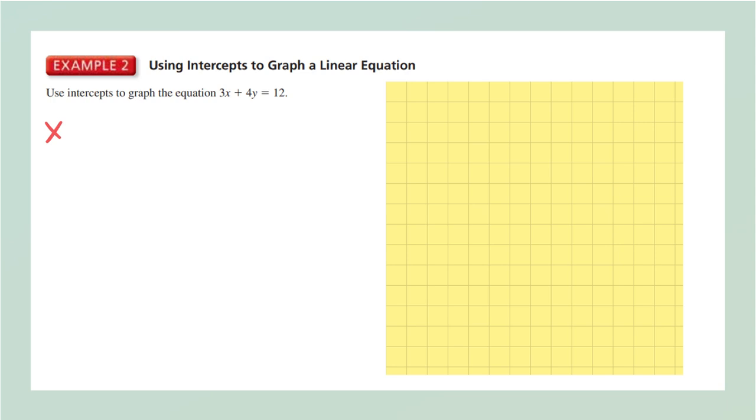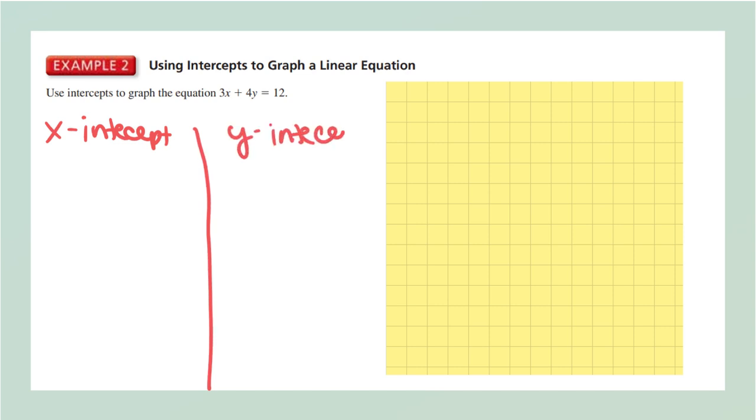First, let's just make two lines: x-intercept and y-intercept. If you recall, what did they tell us to do? To find the x-intercept, what do we have to do? Substitute 0 for y.